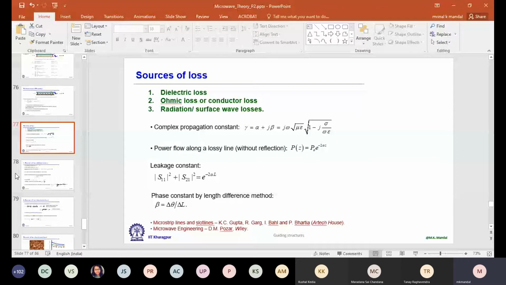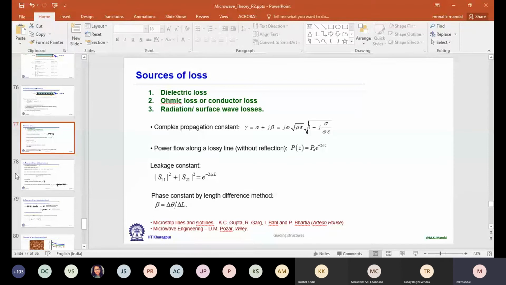When we have loss, then the propagation constant becomes complex. We can't neglect alpha. Even though in all analysis till now we considered a lossless scenario, practically we have alpha. So this alpha or loss is coming due to dielectric loss, ohmic or conductor loss, and radiation or surface wave loss.